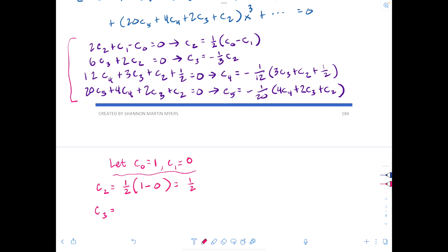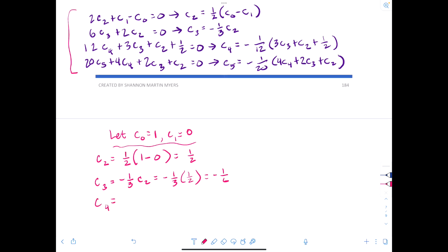C3 will be equal to negative 1/3 times C2, which is negative 1/3 times 1/2, which is negative 1/6.